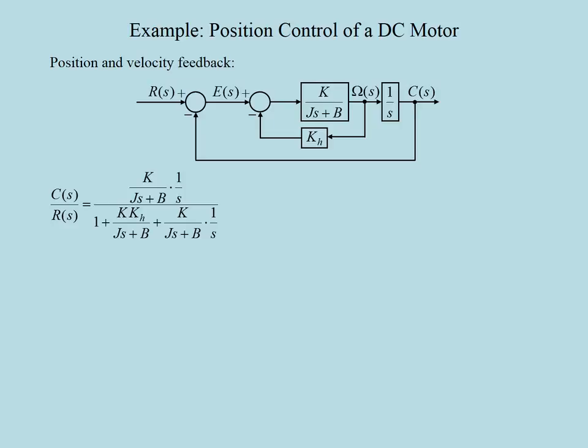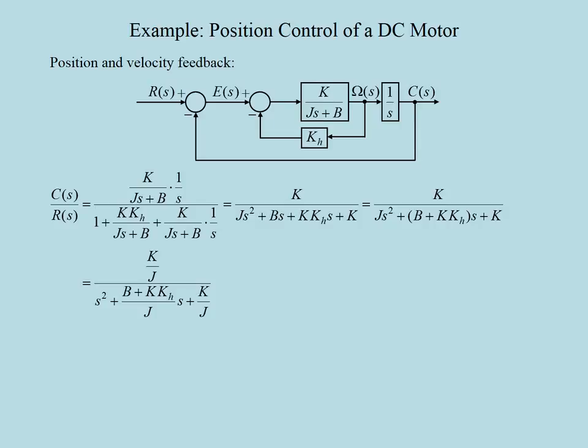Therefore, the closed-loop transfer function can be written now as the feed-forward transfer function divided by 1 plus the sum of 2 open-loop transfer functions. Simplifying the terms in the numerator and the denominator, we can arrange the transfer function into a form with a monic denominator. We see that the natural frequency of the system is still the square root of K over J.